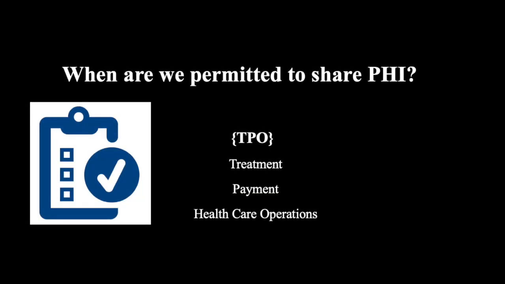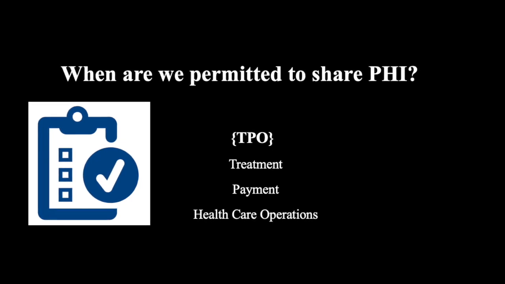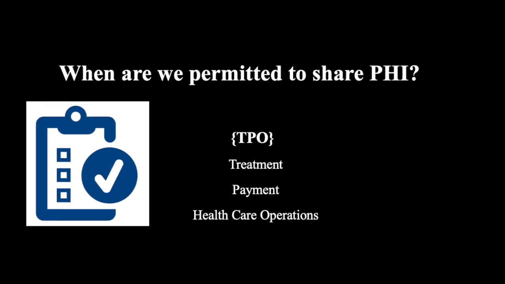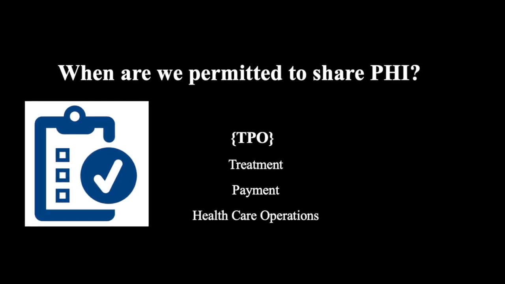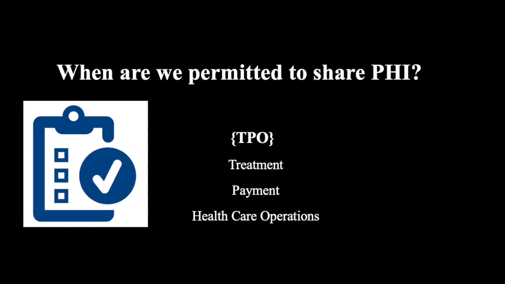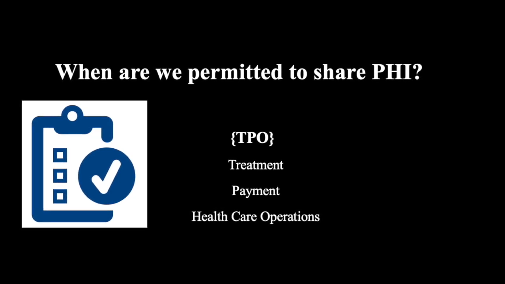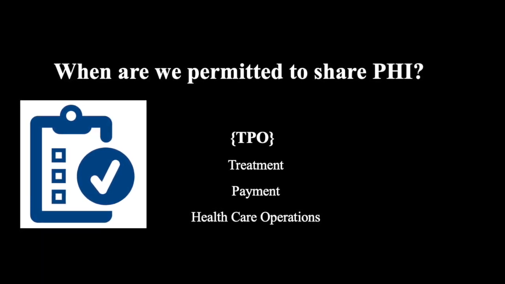When are we permitted to share protected health information? The privacy rule under Title II of HIPAA permits a covered entity to use and disclose protected health information with certain limits and protections for treatment, payment, and healthcare operations.